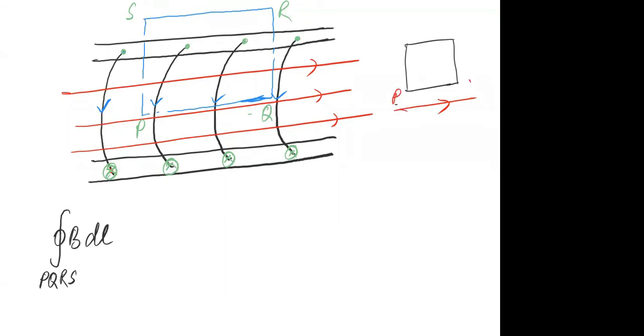But if I take this loop PQRS and if I start from P, I have the angle between PQ and magnetic field to be 0 here. But when I reach here, the angle becomes 90 degree, and this will remain 90 degree till QR. When I reach here, the angle will become 180 degree. When I reach here, the angle will become 90 degree.